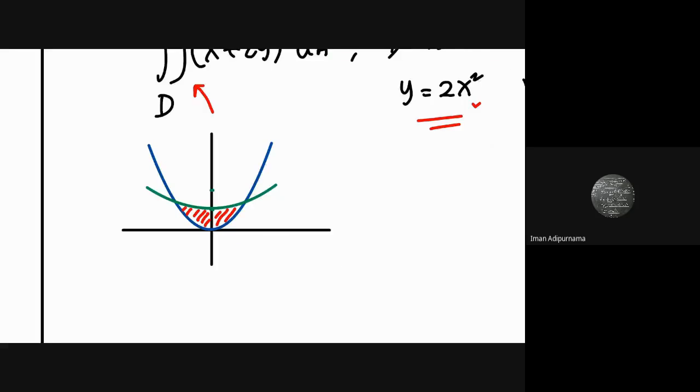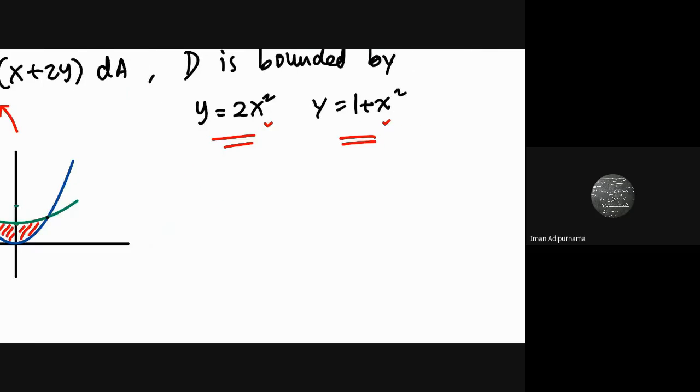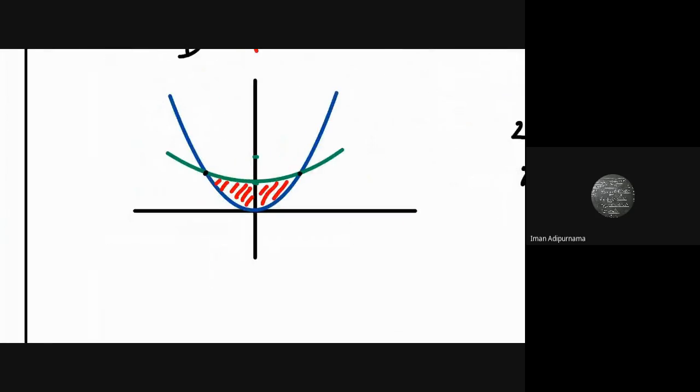So the first thing we are going to do is find this intersection here, and we are going to do that to find the x. So x squared is 1, or it's plus and minus 1, right? So we have x is negative 1 and x is 1.